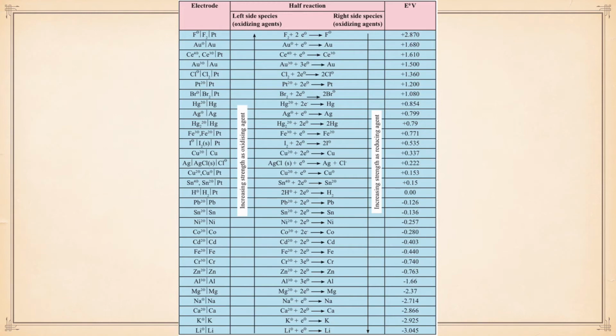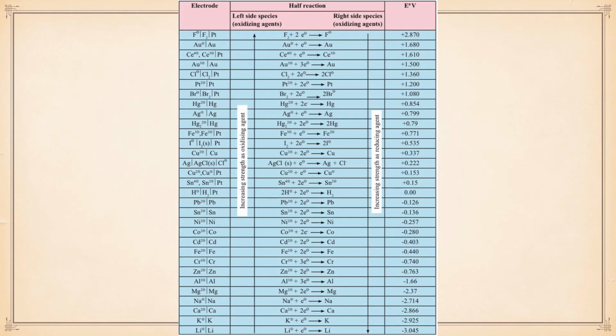So if you have to make a cell out of this electrochemical series, it is very simple. Any two you can select, the upper one will become my cathode and the lower one will become my anode. For example, I'll take the chlorine electrode, Cl2 plus 2 electrons giving 2 Cl minus, and I'll take Zn2+ plus 2 electrons giving zinc.